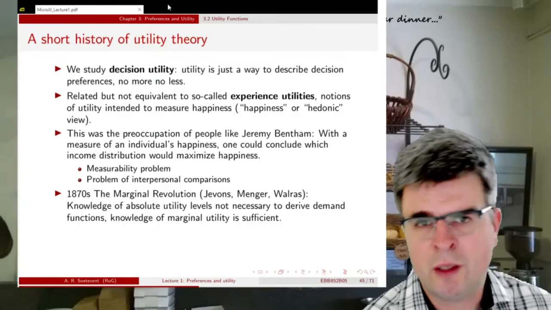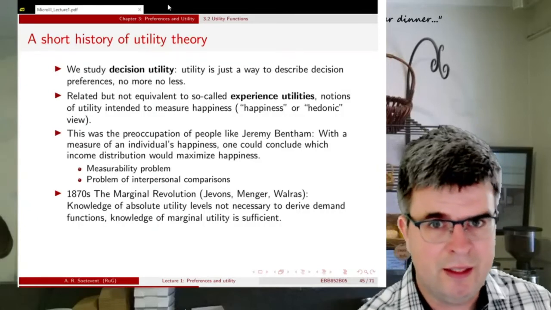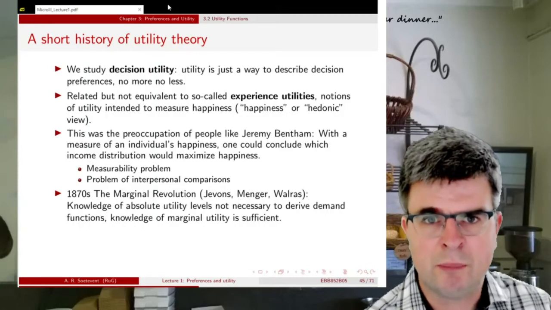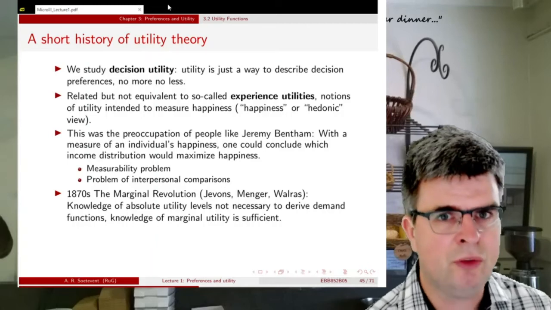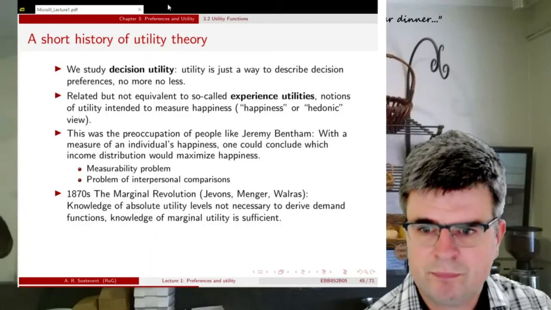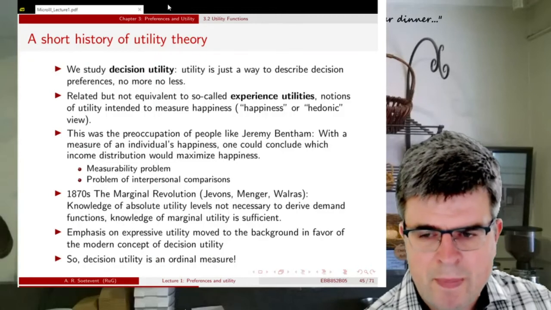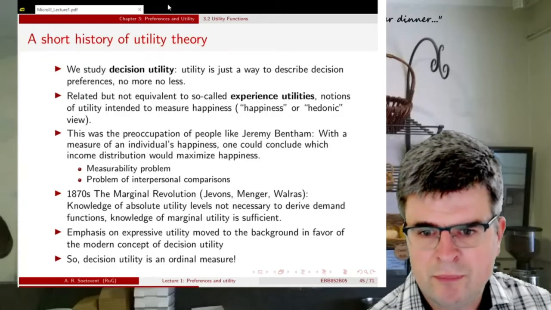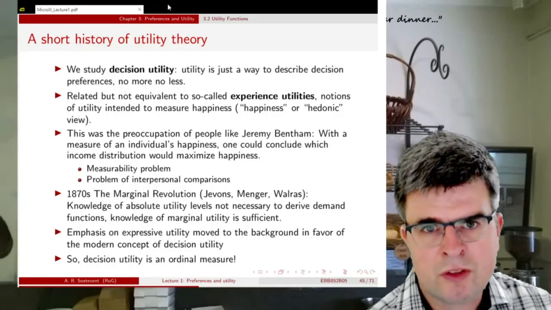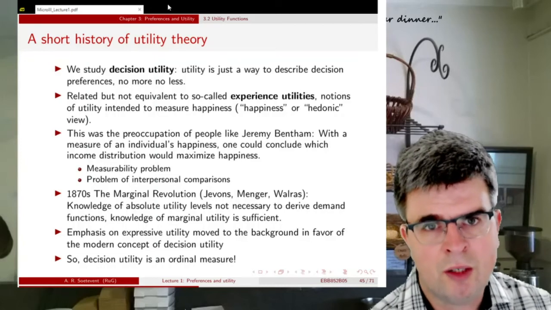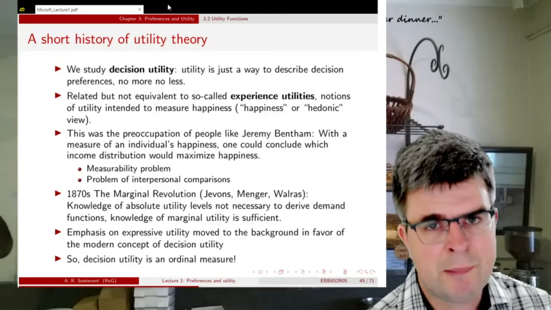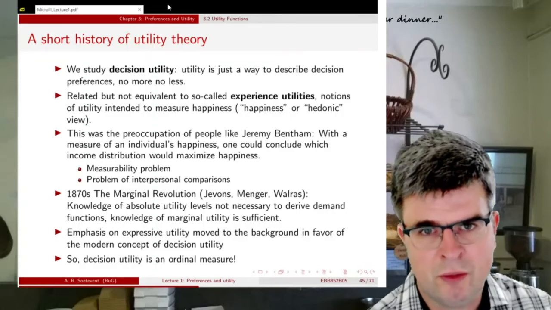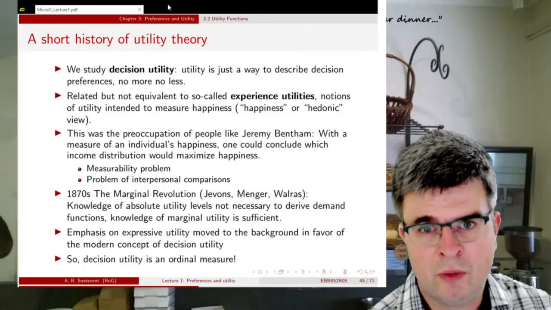We don't care about the absolute utility that they have after consuming the cup of coffee. We are only interested in increments, and that's why it's called the marginal revolution. So experience utility moves into the background, and our modern concept of decision utility is not a cardinal concept, not a measurement in absolute values, but very much an ordinal measure. It is a measurement in relative rankings.